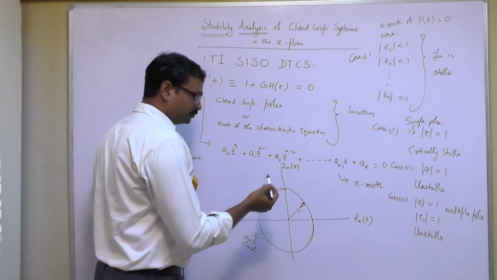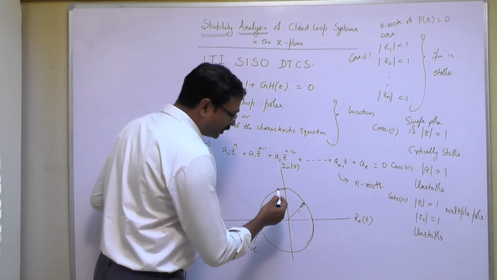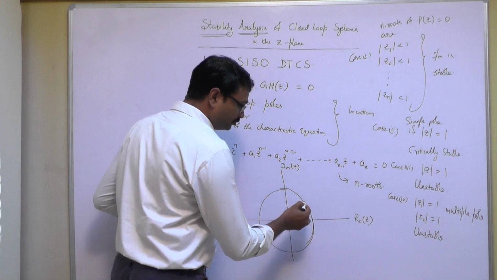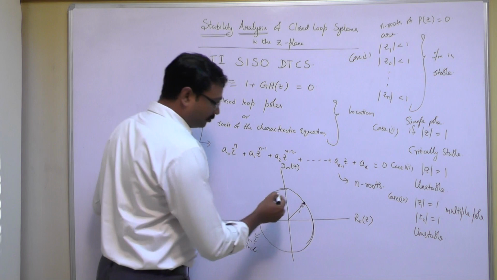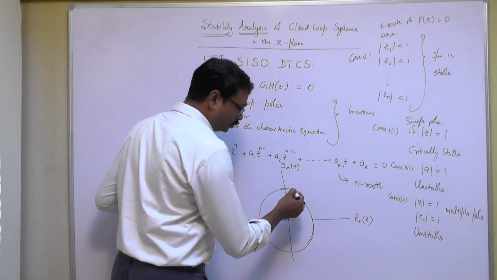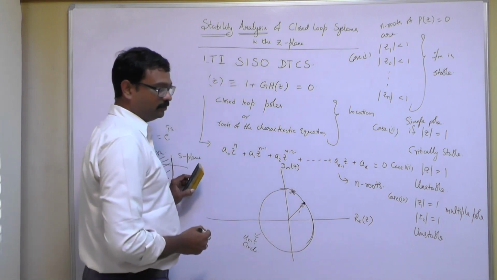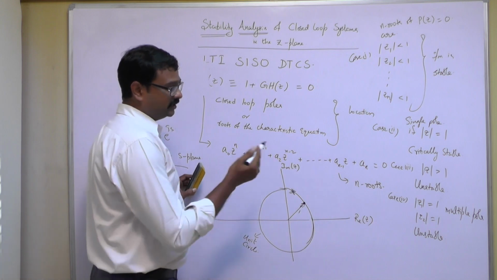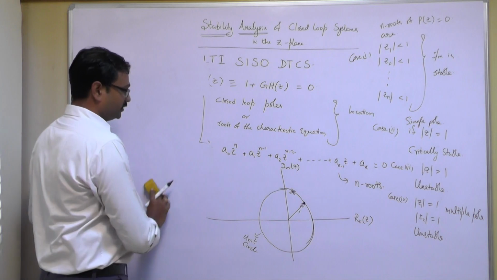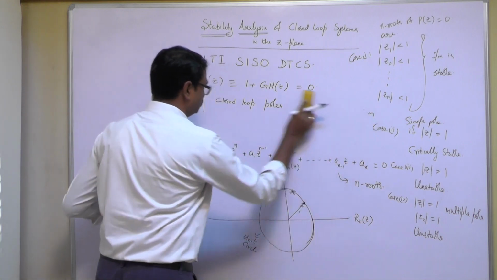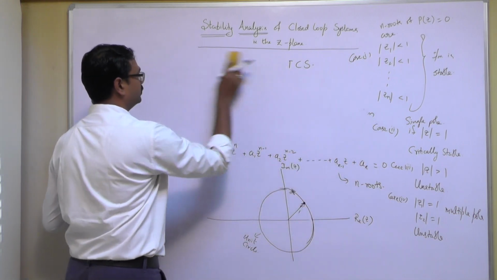If there is a simple pole on the unit circle, it is critically stable, but if you have multiple poles on the unit circle, it is unstable.